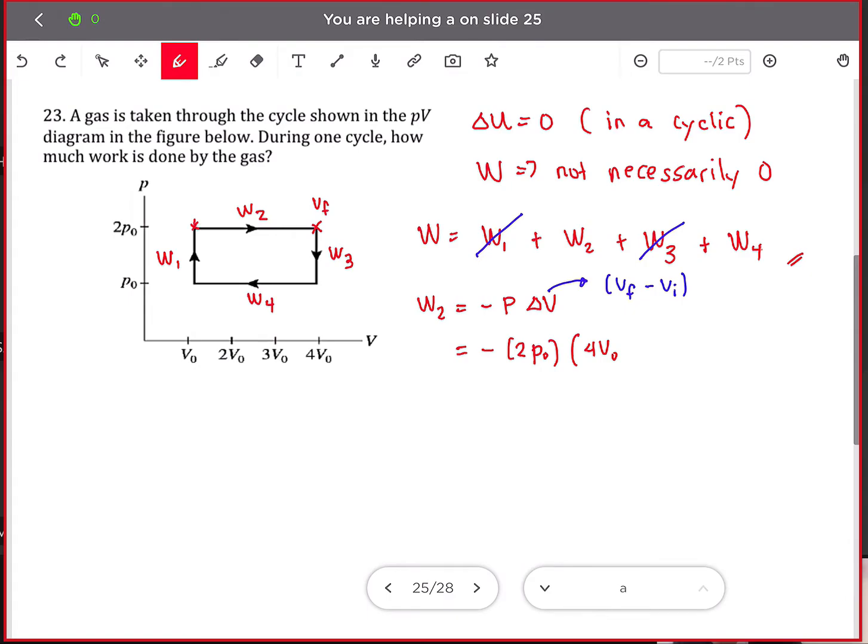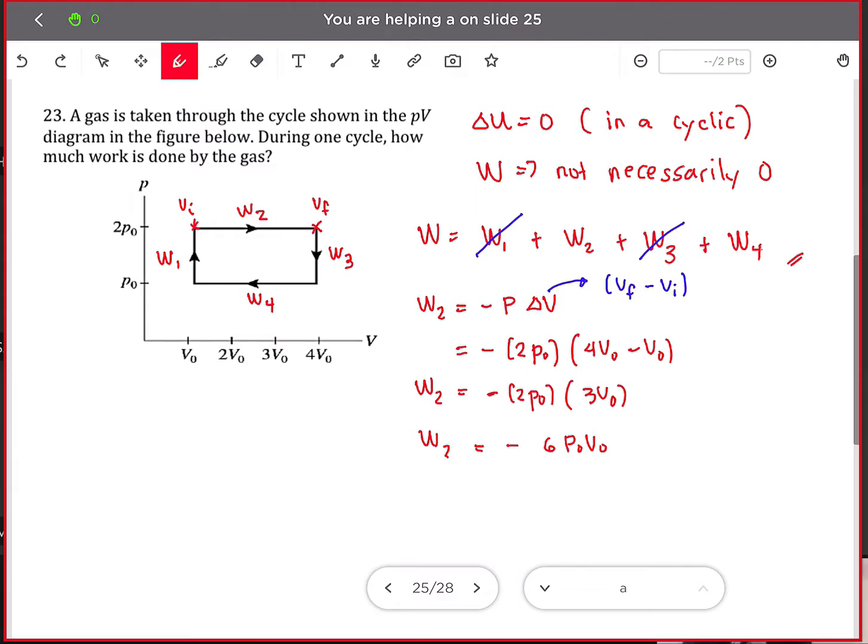And our initial volume, which is in this case, would be V O minus V O. So as we simplify this, work 2 is equal to negative 2 P O multiplied by 4 V O minus V O, which is equal to 3 V O. So this gives us work 2 is equal to negative 6 P O V O. That's our work 2. Any questions?